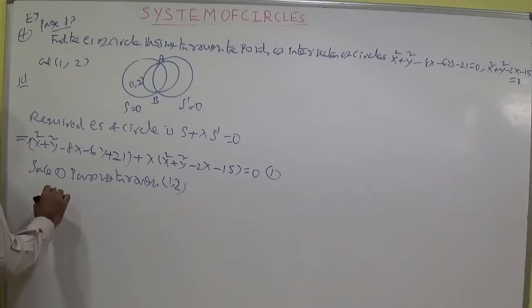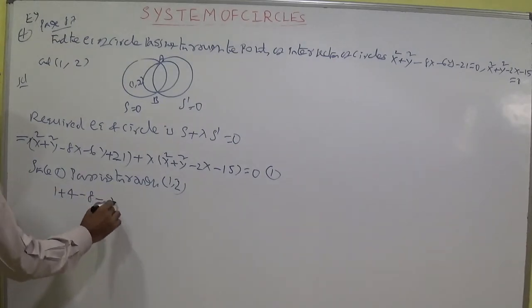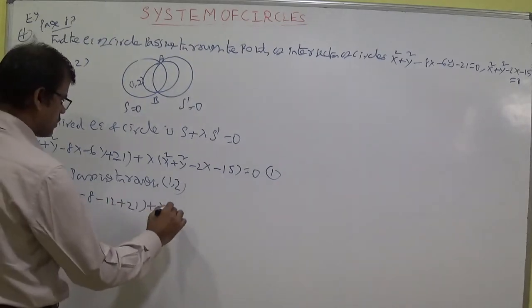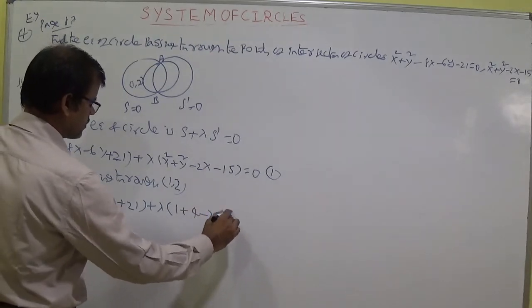It becomes 1 plus 4 minus 8 minus 12 plus 21 plus lambda into 1 plus 4 minus 2 minus 15 equal to 0.